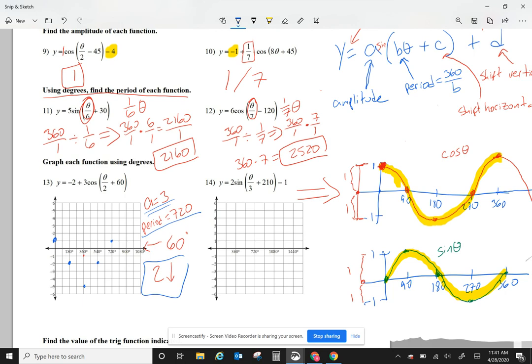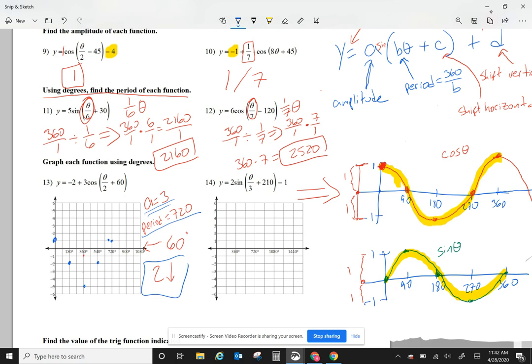Now I must move everything to the left 60 degrees. I noticed that each box is 90 degrees. So to the left 60 degrees, I'm going to move this about, we're going to say it's about here.